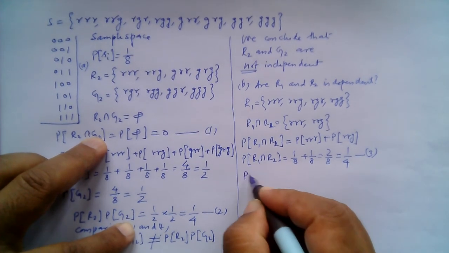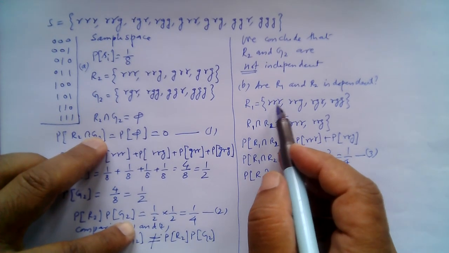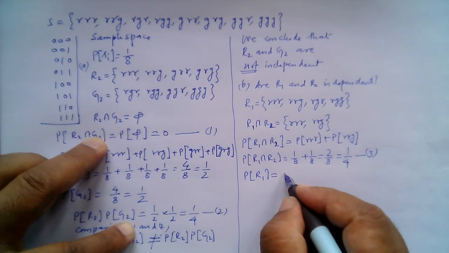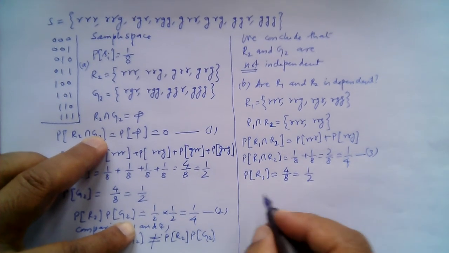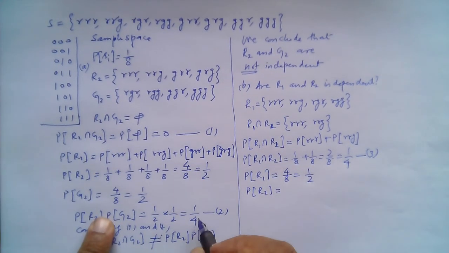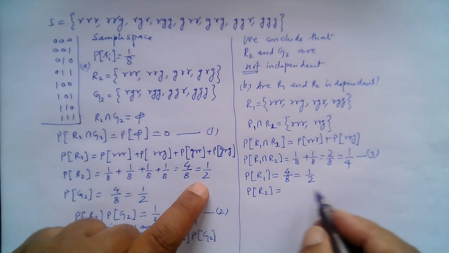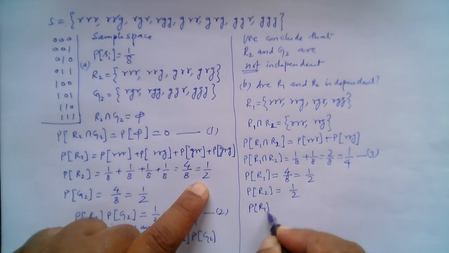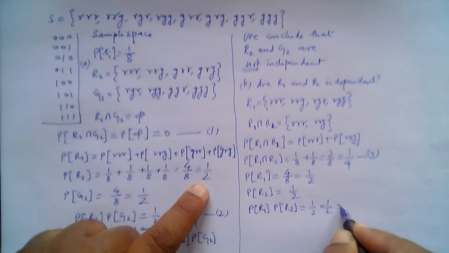Now probability of R1, this is R1, so this is the probability of this outcome is 1 over 8, 1 over 8, 1 over 8, and 1 over 8, so that is 4 over 8, right? So that is 1 over 2. Likewise, the probability of R2, as we have already found here, is 1 over 2 here, right? So probability of R1 multiplied by probability of R2 is equal to 1 over 2 multiplied by 1 over 2 is equal to 1 over 4.